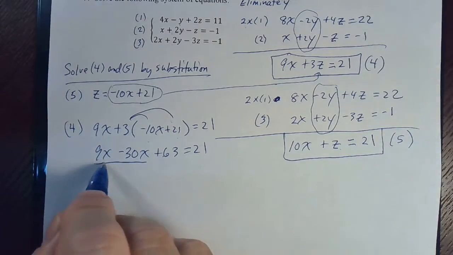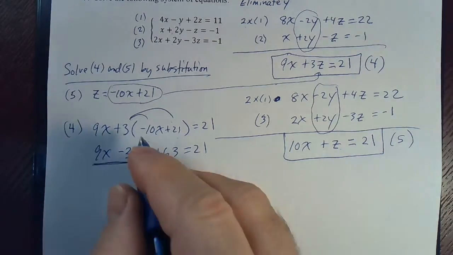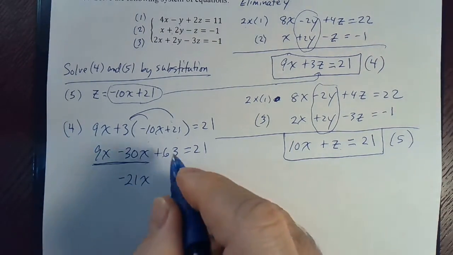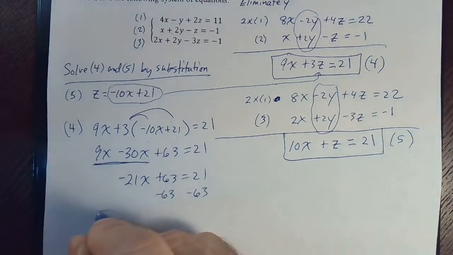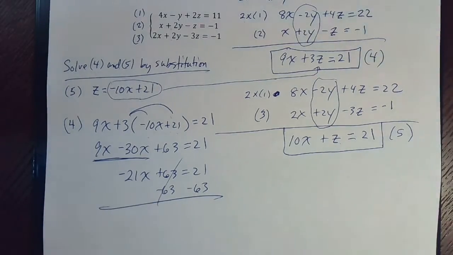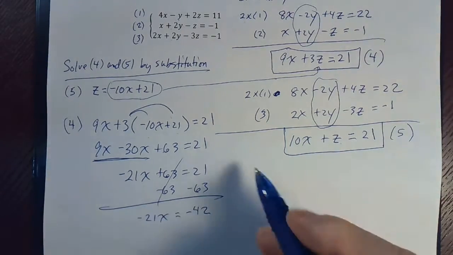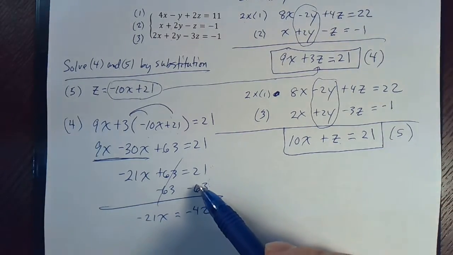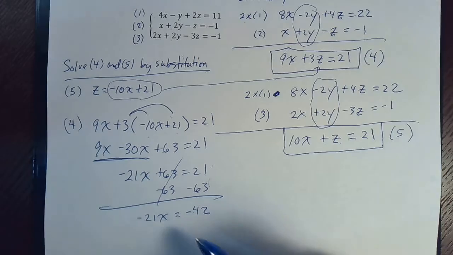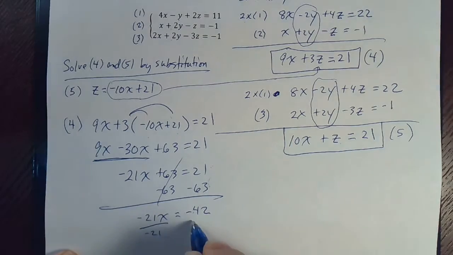What does this add up to? 9x minus 30x is negative 21x, plus 63 equals 21. So we subtract 63 from both sides. It goes away there. Negative 21x equals negative 42. 63 minus 21 is 42, and 63 is the bigger number, so we choose the negative sign. Divide by negative 21, and we get x equals 2.